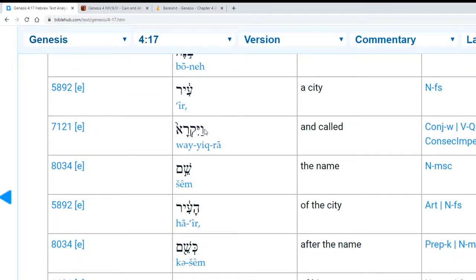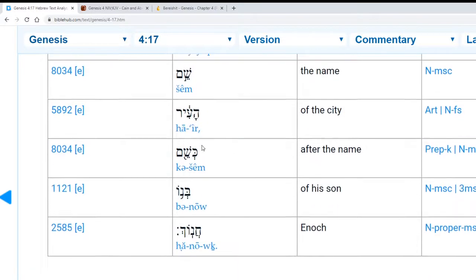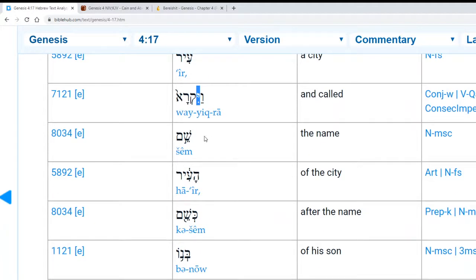Vayikra, we've had many times before. Conjunctive vav, the yud telling you it's imperfect. Kara, to call. Kof resh aleph. Shem, meaning name. Ha'ir, article, and ir, the city, right?